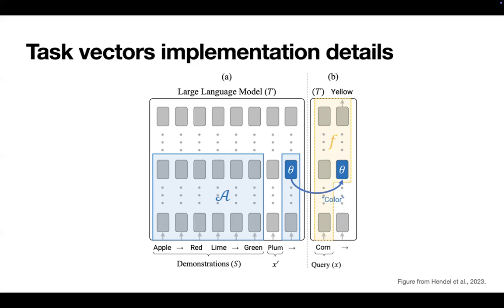The first step is to get the vector at layer L. So we have a demonstration and a query x, and we extract the vector at the right arrow sign at layer L. And then after we extract this, for a new query, say here is a corn, we patch in the task vector at layer L, and it gives us a simulation of the complete context, and we have the output.